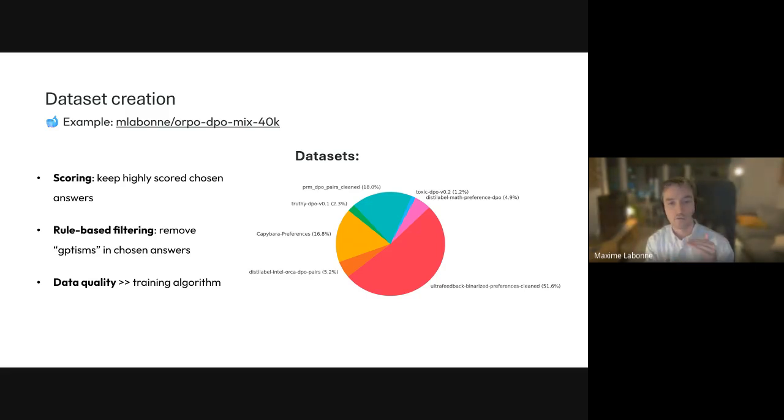This is the kind of work that you do when you create a dataset. You really need to read all the samples to make sure that you truly understand the failure modes, what's good about the dataset and what's bad about it. Then you can try to filter it, try to improve it, or just reject it entirely. That's also a common outcome.